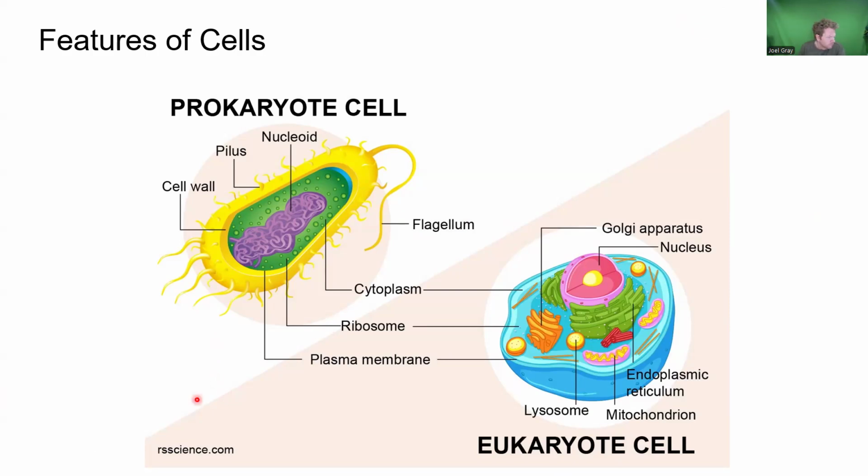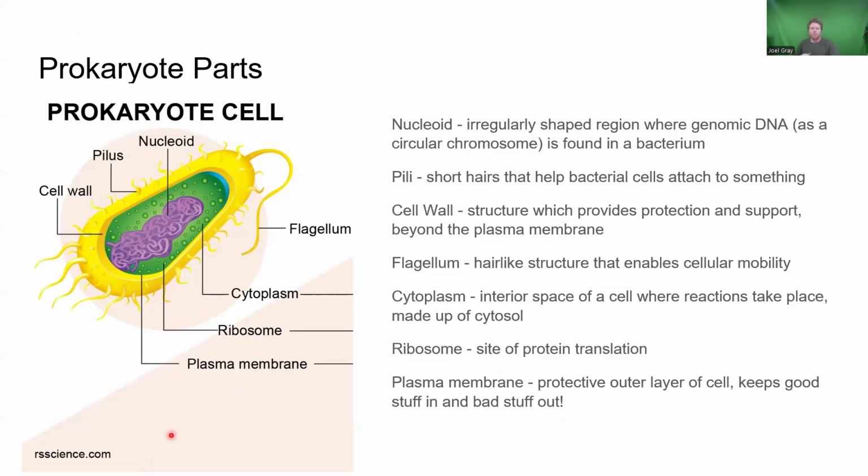Now, when we look at a prokaryote, a nucleoid, that's the irregularly shaped region where genomic DNA, as a circular chromosome, is how it's typically depicted, is found within a bacterium. Genomic DNA, that's all your DNA that basically makes this organism go on to be the next generation of organisms.